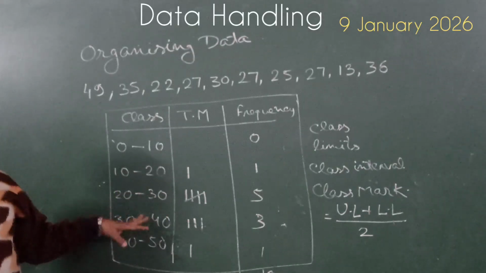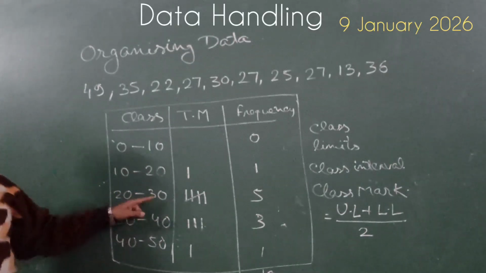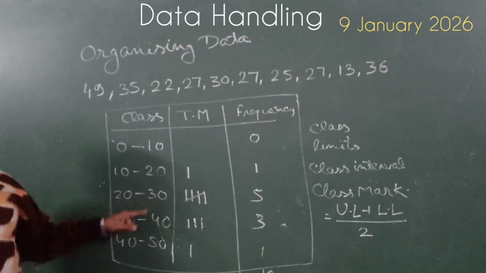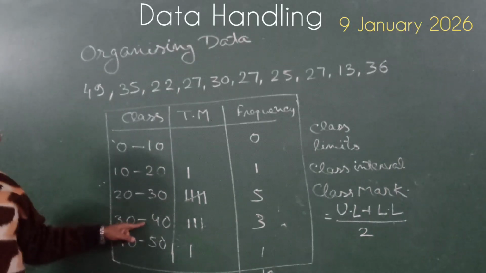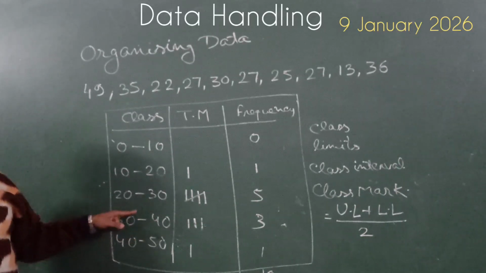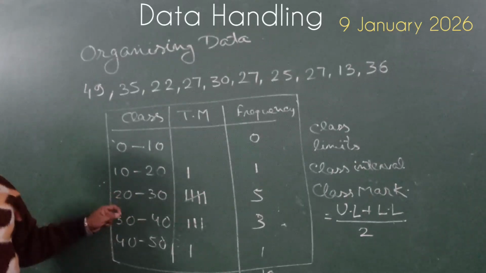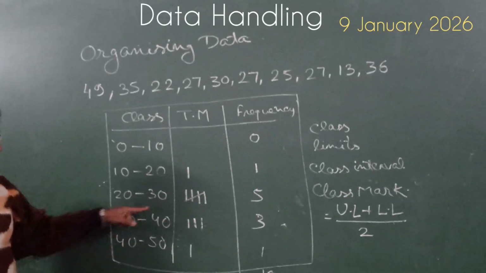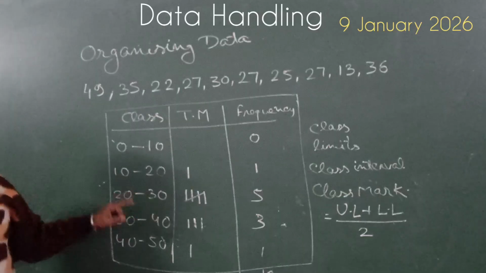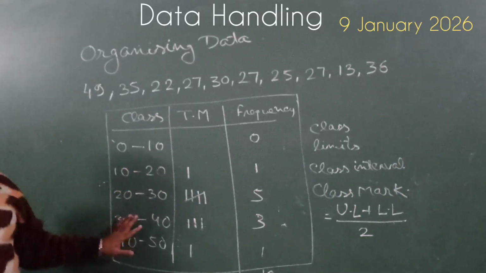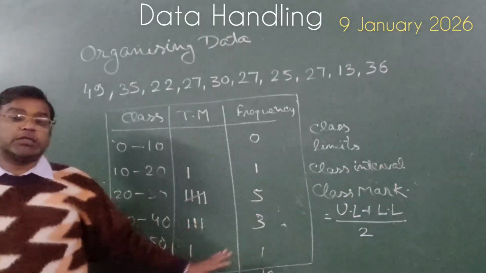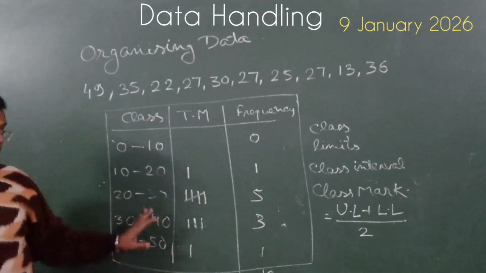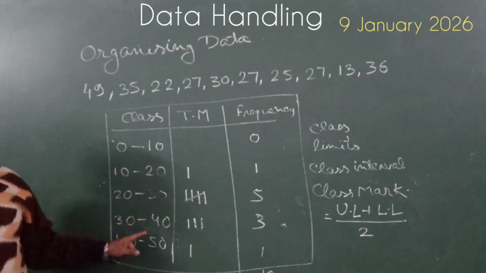Be careful if a number is present in two different groups or classes. You must be very careful about this, otherwise you will spoil the whole calculation, the whole table. To avoid that, be careful about this thing.